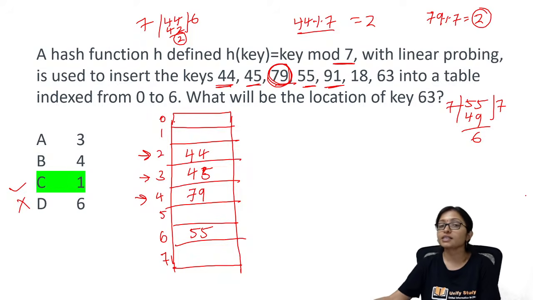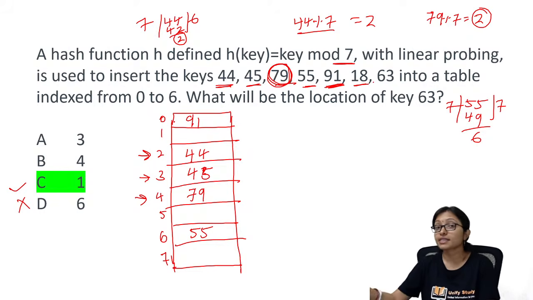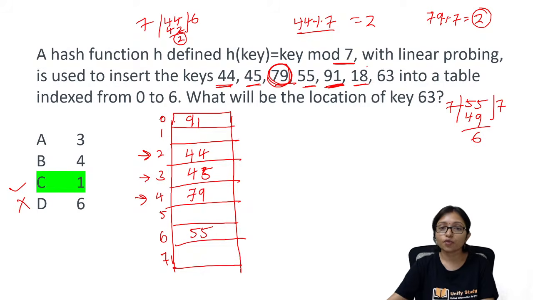91. 7 13s are 91, so the remainder is 0. 91 will be here. 18. Where will 18 go? 7 2s are 14, 4 is the remainder. So it is pointing to 4, but the space is blocked. That's why 18 will be here.